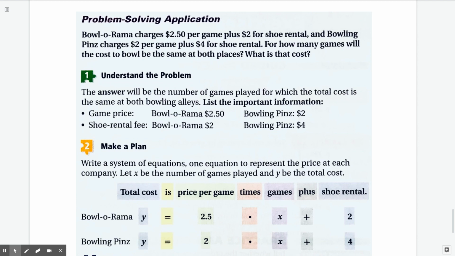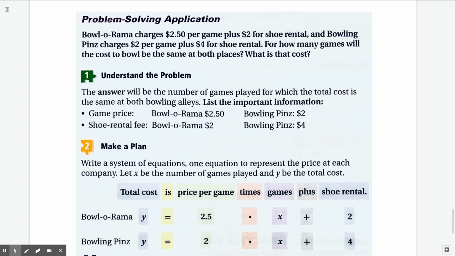The first thing you need to do is see it says Bowl-O-Rama, let's label it Bowl-O-Rama, is $2.50 per game. Per means multiply, so $2.50 times x, and your x, your variable, is going to be the amount of games you play, plus $2 for the shoe rental. That's the flat rate. That's going to be your y-intercept.